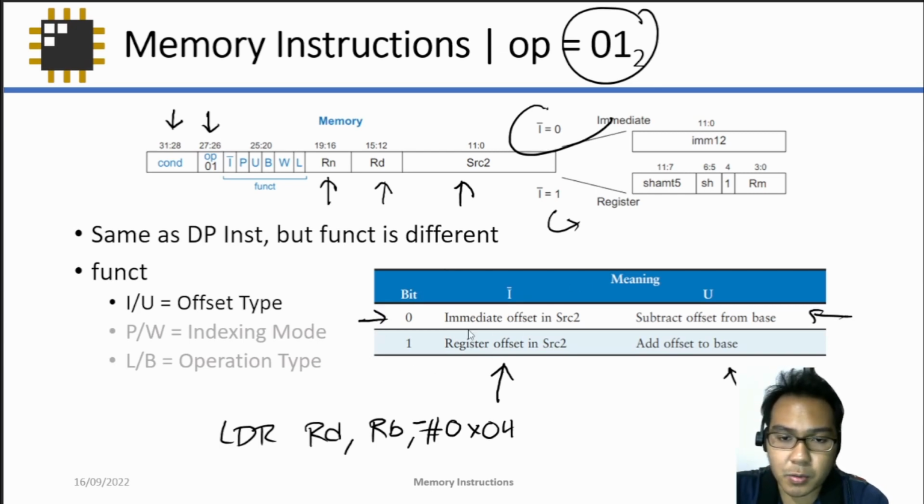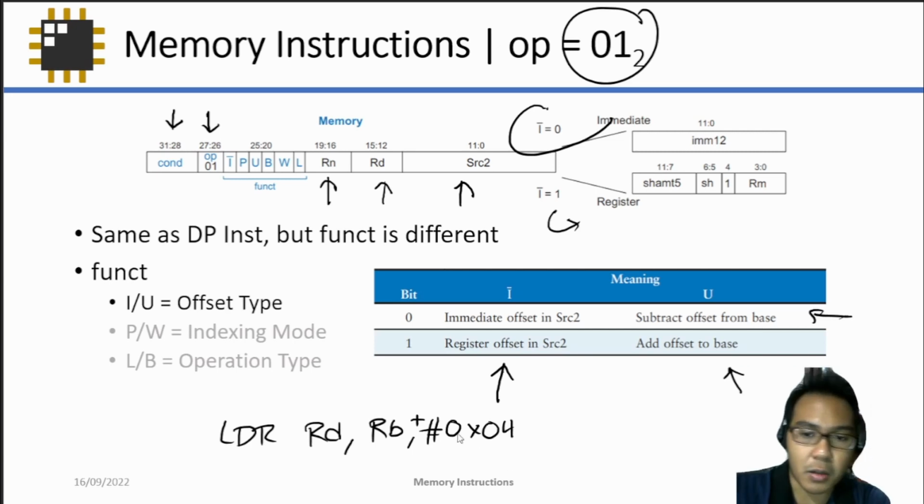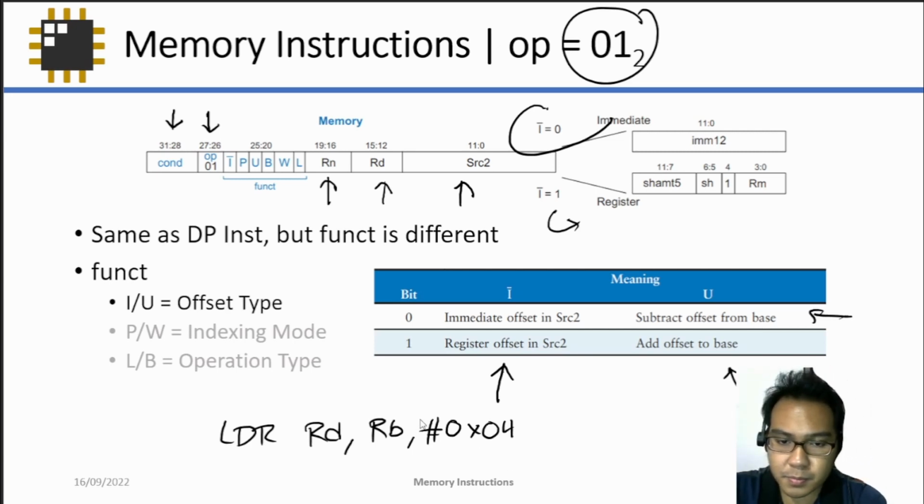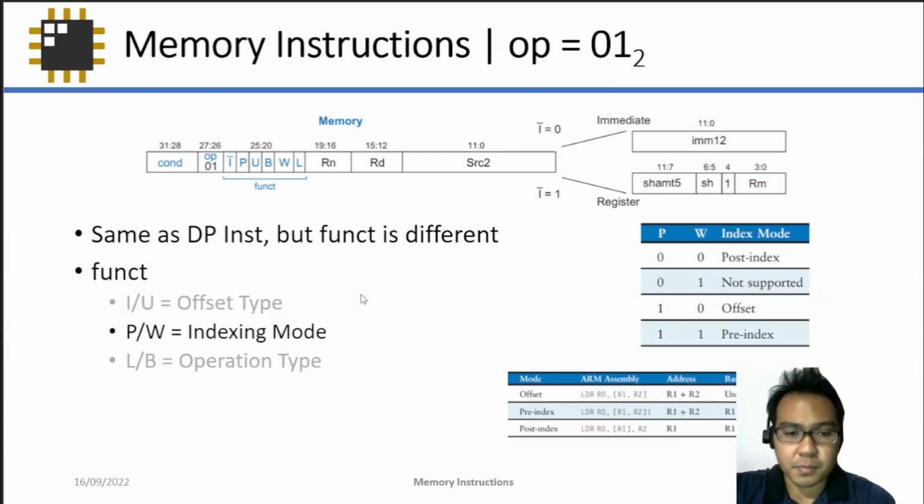Then U would be 0. But if it's positive, then U would be 1 because you usually do add offset base. So that's just something to make certain operations compact.